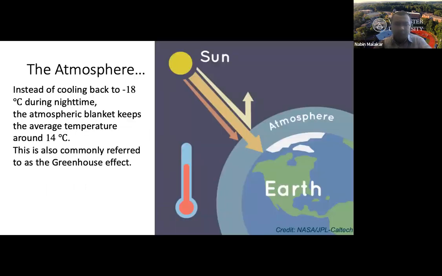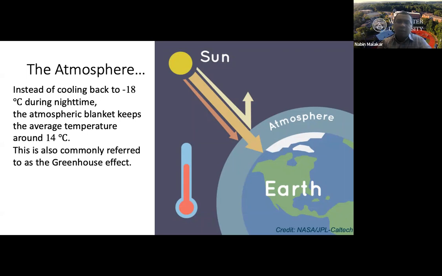This is a picture that I borrowed from the JPL website where they were talking about the energy balance. So if you put the blanket around this cold Earth, instead of being at minus 18 degrees centigrade, now the atmosphere provides that greenhouse effect that keeps the temperature around 14 degrees centigrade. So this is literally a warm blanket that we have, right?